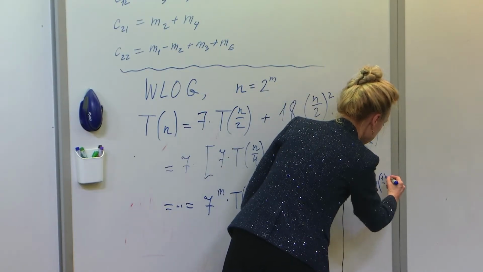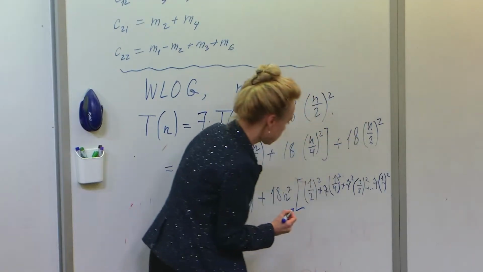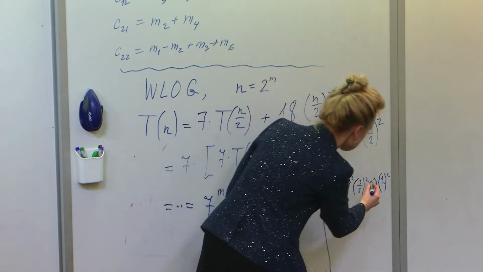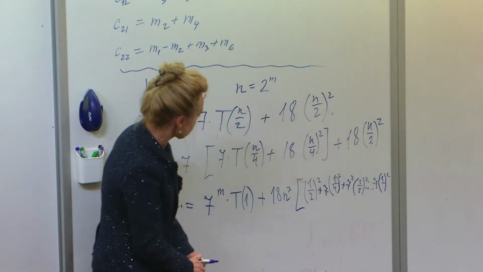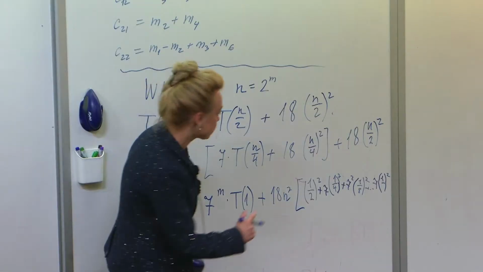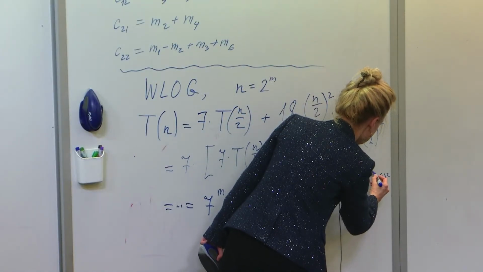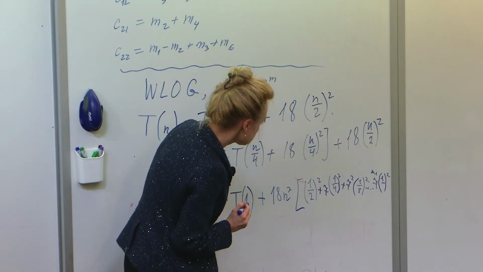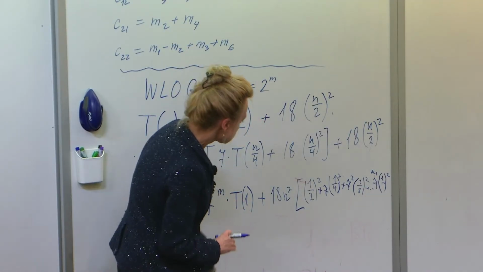So what should I put here? 2 to the m on the bottom. So 7 comes up with what powers? m minus 1, I guess. And what's the power of 2 here? No, oh no, 2 to the m.